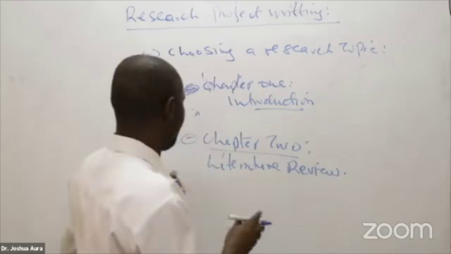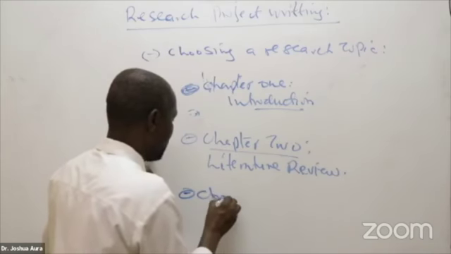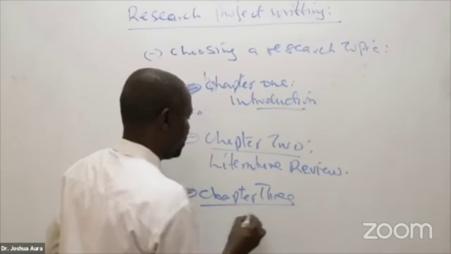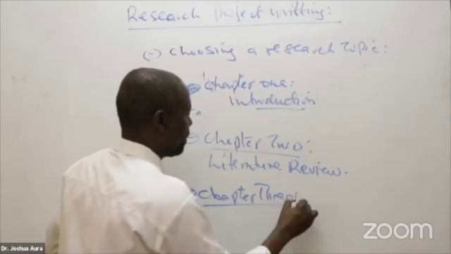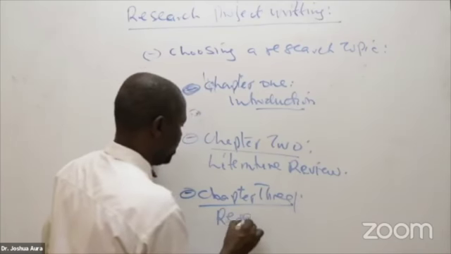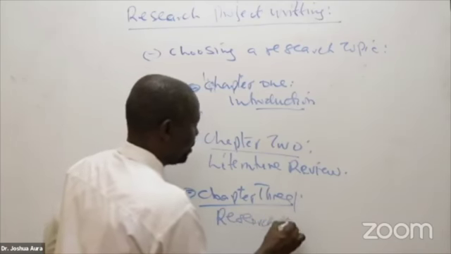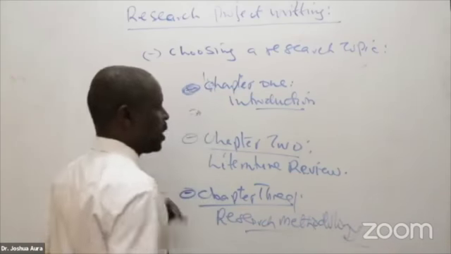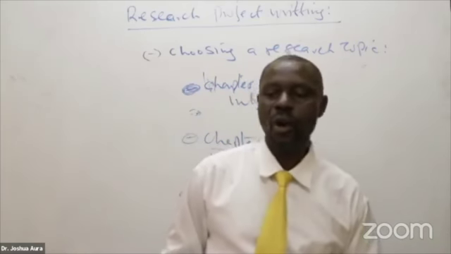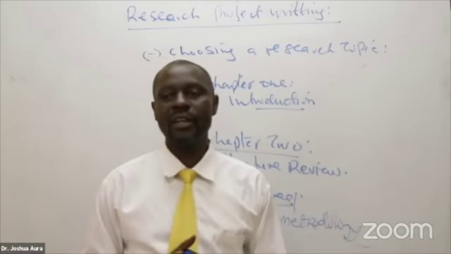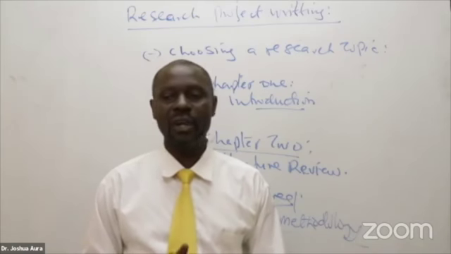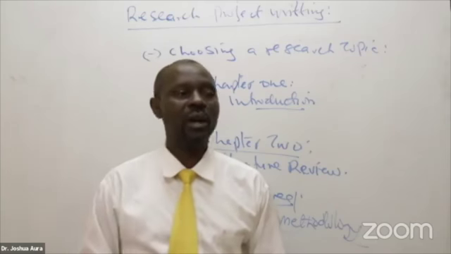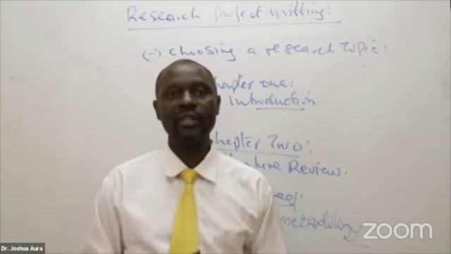Then we also have chapter three, which is research methodology. This is where you indicate clearly how you are going to collect your data, qualitative or quantitative, either through primary source or secondary source.